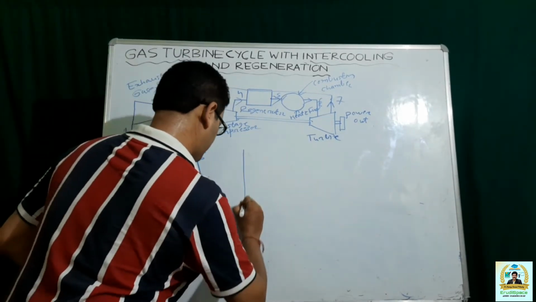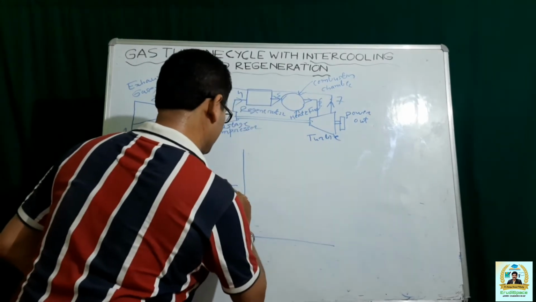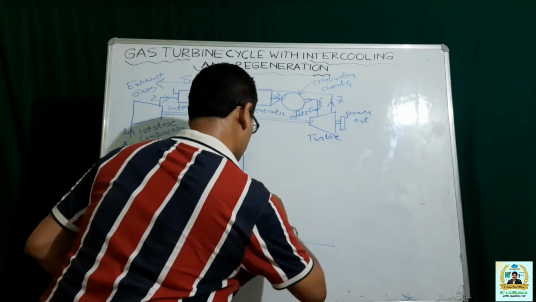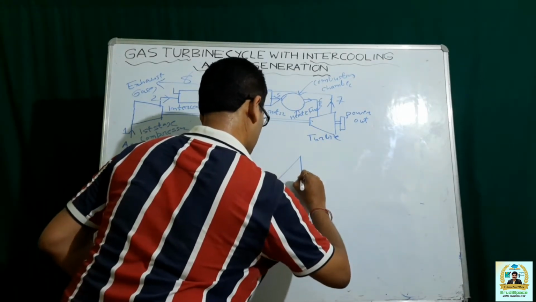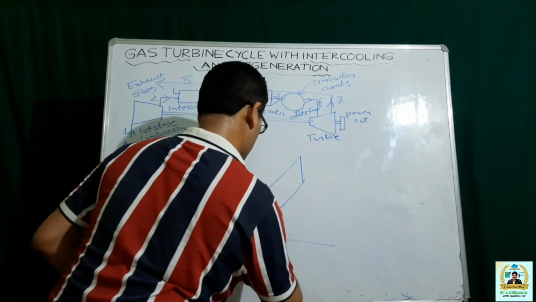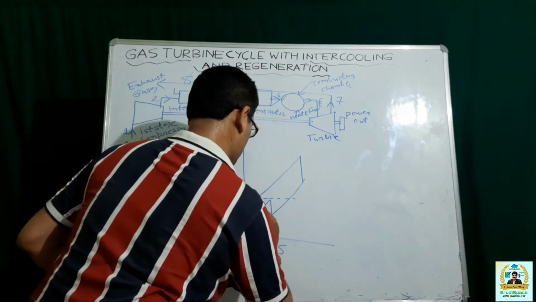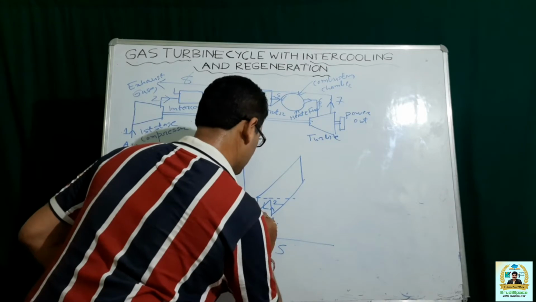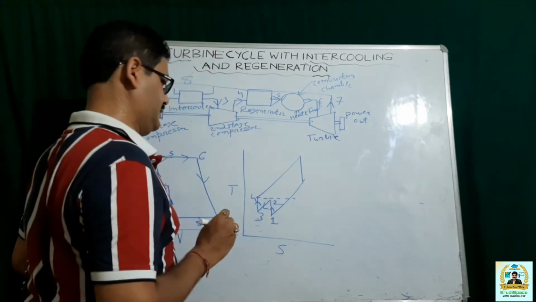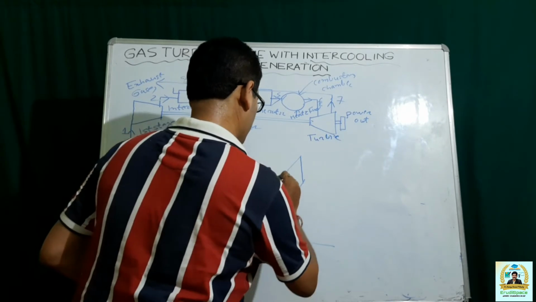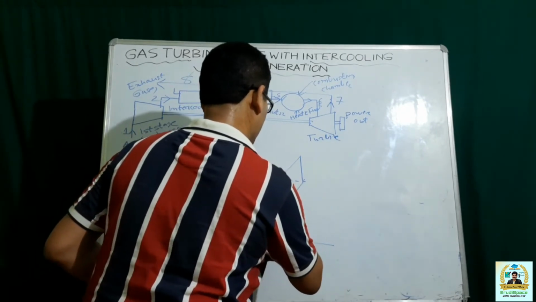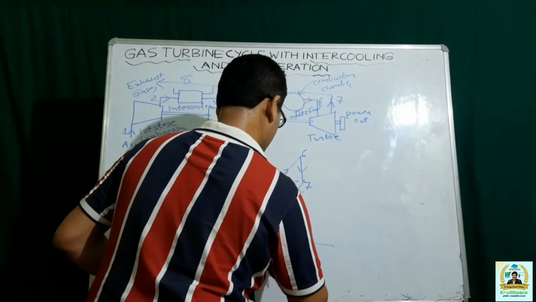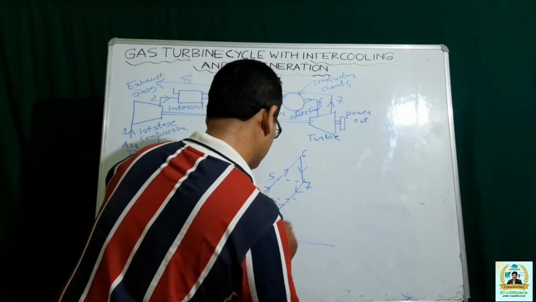Similarly, we do have the TS diagram. One, two, then you have 3, then 4, then 5, 6, 7 and 8.